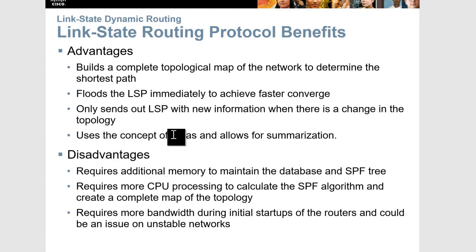It uses the concept of areas and allows for summarization. Areas allow for smaller link state databases. So you can break up the topology a little bit so your router doesn't need to be concerned with so many links.